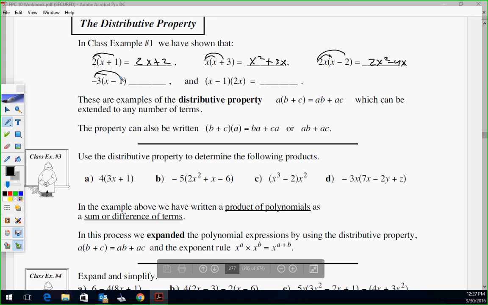Distribute again. Negative 3x plus 3. And this one you can distribute that way if you want, or you can hit it with both the other way. Doesn't matter. Okay, these are examples of distributive property. So there's just the rule of distributive property. It's A times B, A times C for this. BA or CA if it's written in reverse.